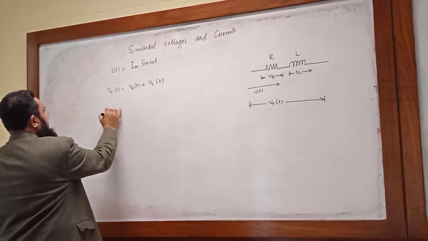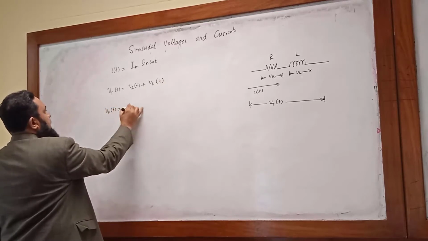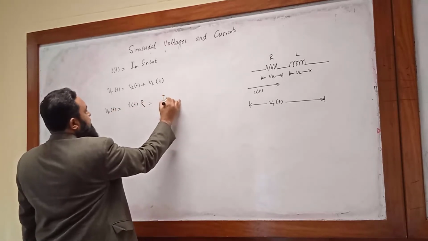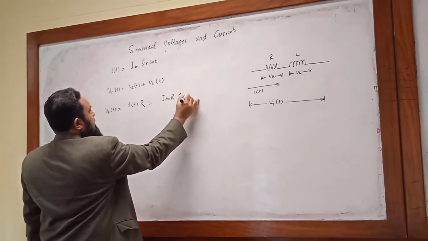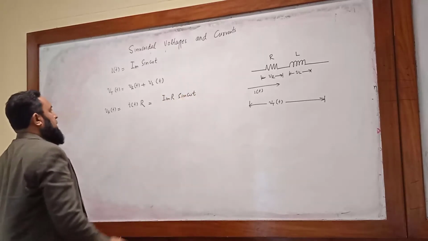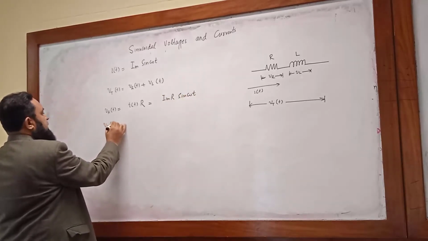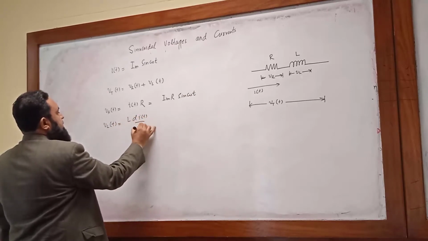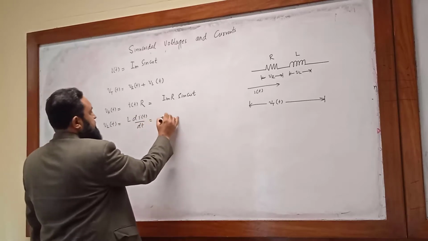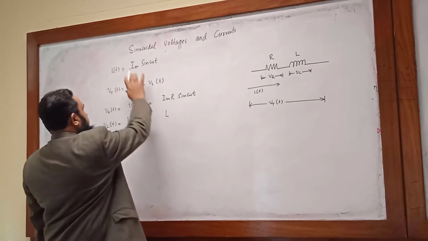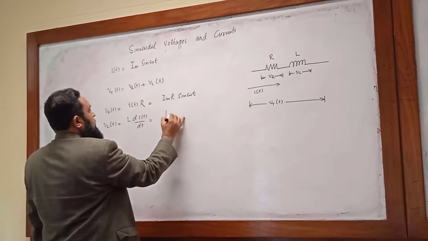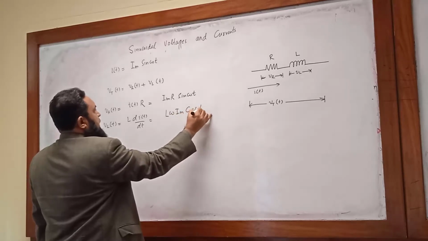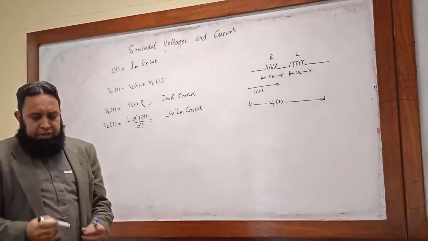So VR of t is equal to I of t into R, which is equal to Im R sine of omega t.